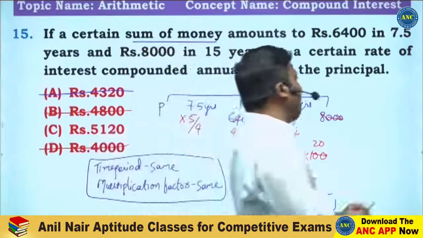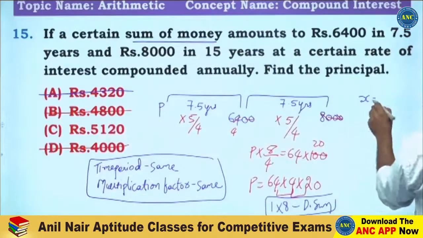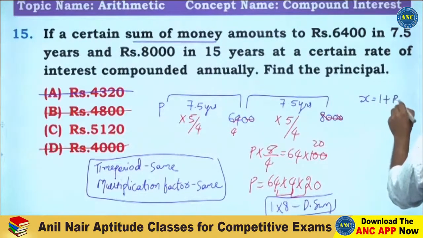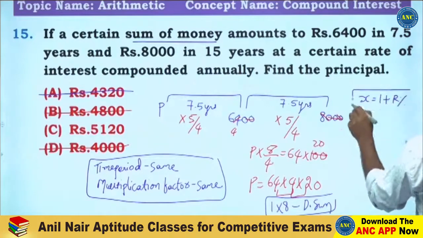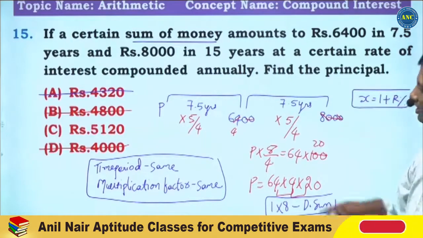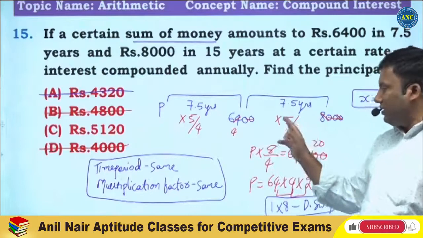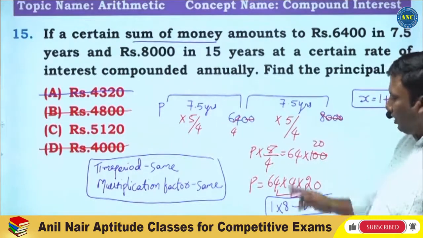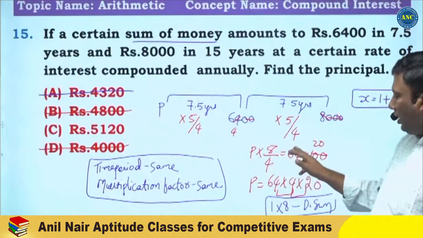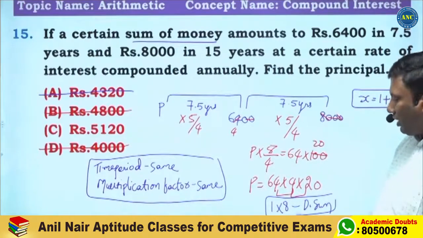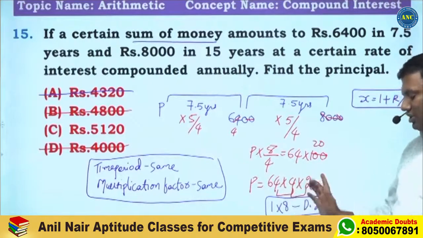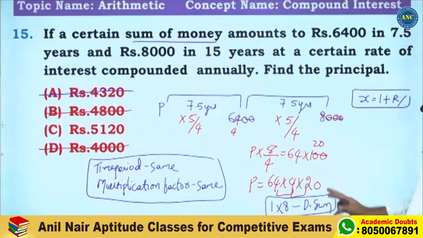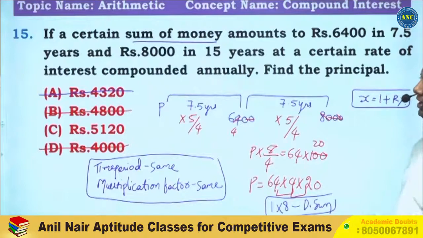Scaling factor, I told you in the previous session, is x, given by 1 plus r percentage. 16 4s are, 16 5s are. So if it is 5 by 4, here also it will be 5 by 4. P into 5 by 4 is equivalent to 6,400. 4 4s are 16, 16 2s are 32. Rightmost non-zero digit will be 2, and the digital sum should be 8.